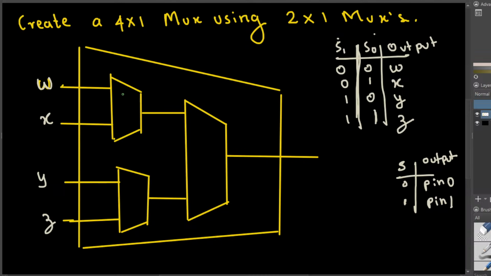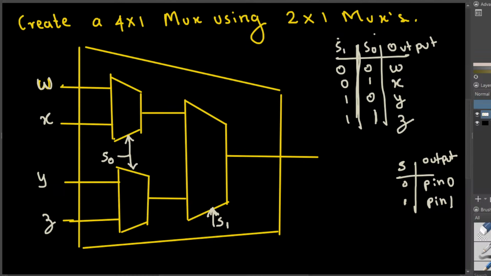Okay, now let's see. To make this happen, what I can do is connect the S0 like this. If I connect this S0 here with both of these like this, and S1 here, let's see if it behaves like a 4x1 mux.